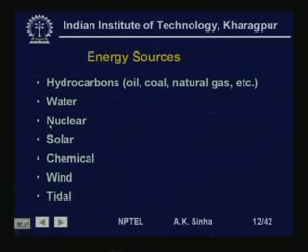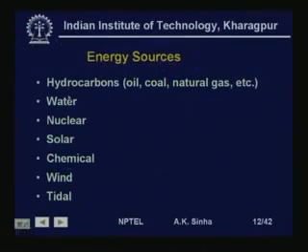Similarly, nuclear energy, the fission of uranium is used in most of the places for producing nuclear energy, and once this nuclear energy is available, it is available in the form of heat, and rest of the process after this reactor from where this energy is taken away by means of heat exchanger, the rest of the process is very similar to that of the thermal power plants.